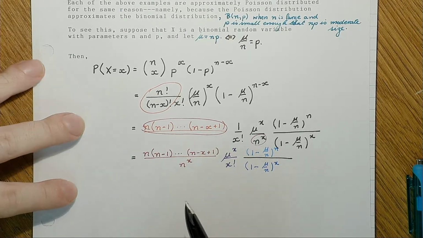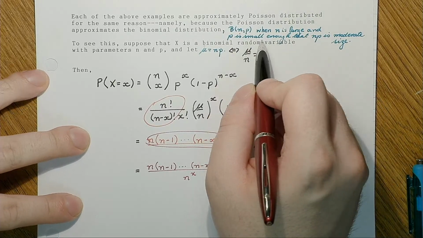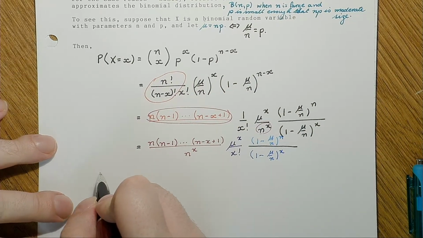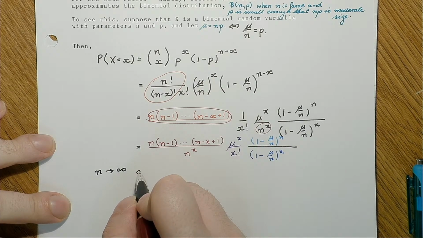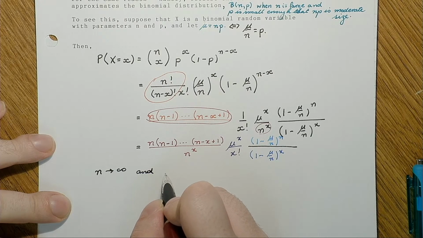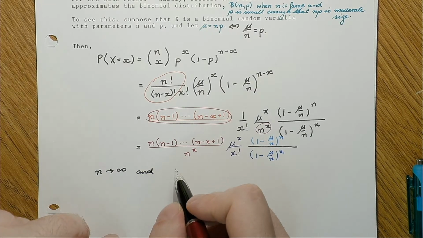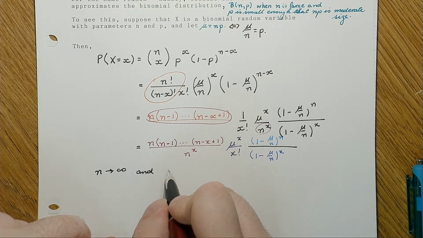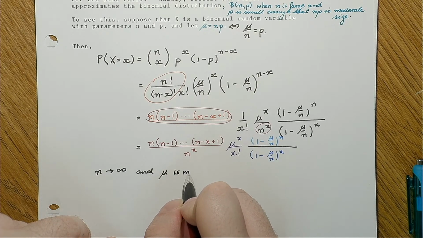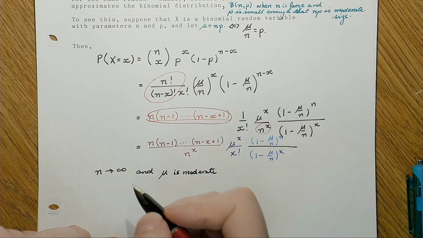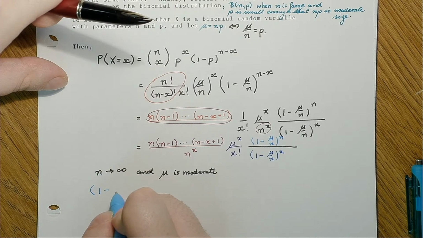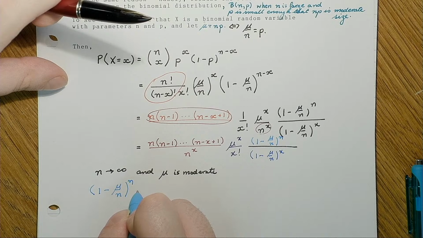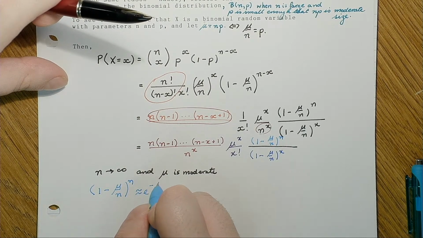So again, by our assumption, if we let n get really big and p go really small, so as n gets really big, and mu is moderate, well, what ends up happening is that 1 minus mu over n to the n is approximately equal to e to the minus mu.